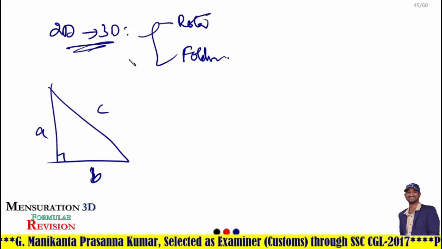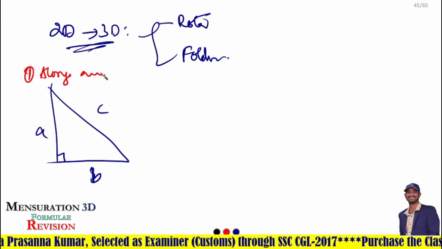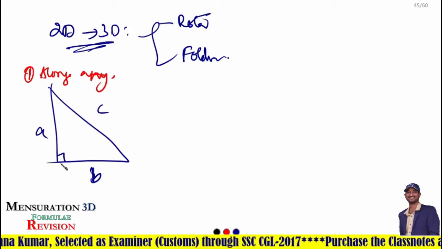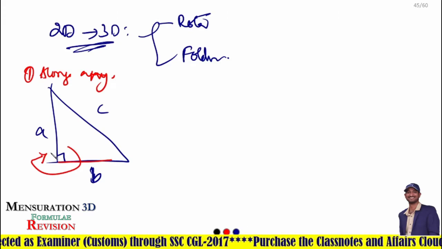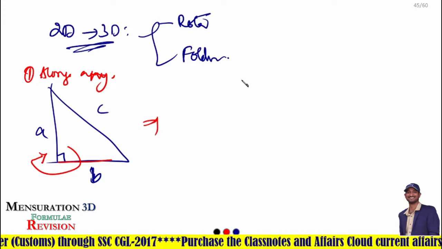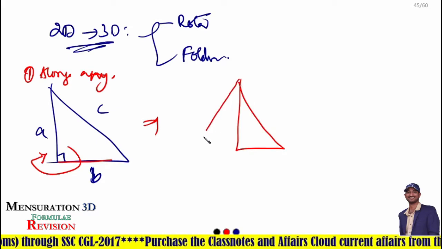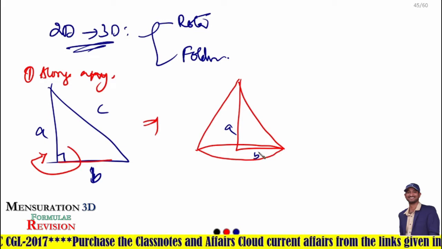In the rotation you have two cases. One is along any perpendicular side, whether it is A or B. If you rotate along any perpendicular side, it looks like this. It is A, it is B and it is C.